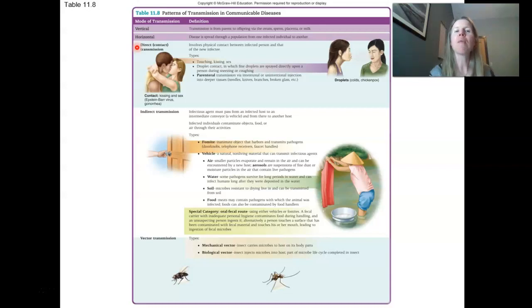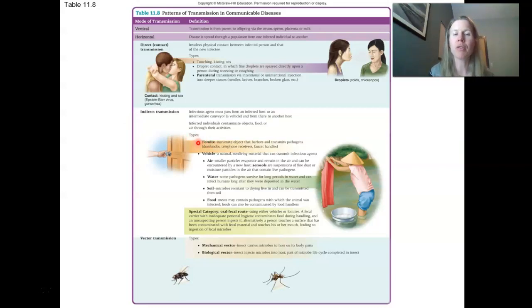They do include droplets here. So not aerosols, which might hang out in the air for a really long time, but like this lady just straight up sneezed in her face, and that's gross.